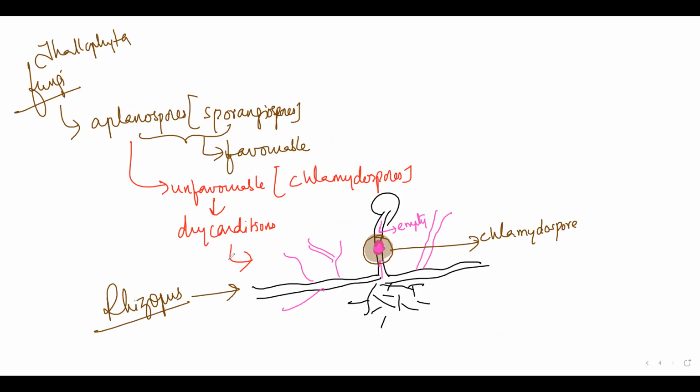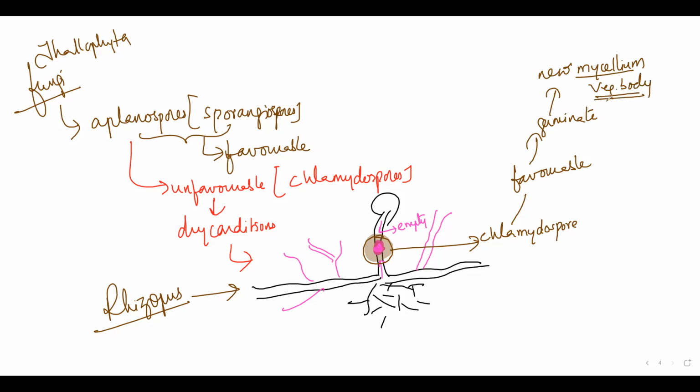But remember, they survive during adverse conditions. These chlamydospores will be surviving during the unfavorable conditions. But once favorable conditions return, they are going to germinate and produce the new mycelium. What is meant by mycelium? The vegetative body of fungi is called mycelium.